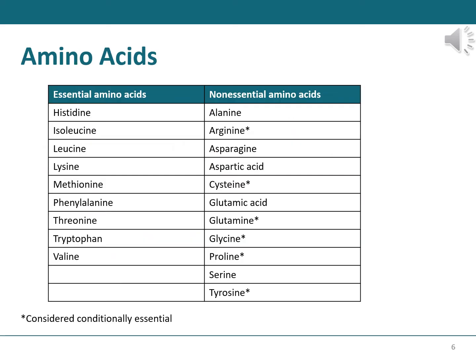The essential amino acids, and it's not necessary that you know what these are, are histidine, isoleucine, leucine, lysine, methionine, phenylalanine, threonine, tryptophan, and valine.